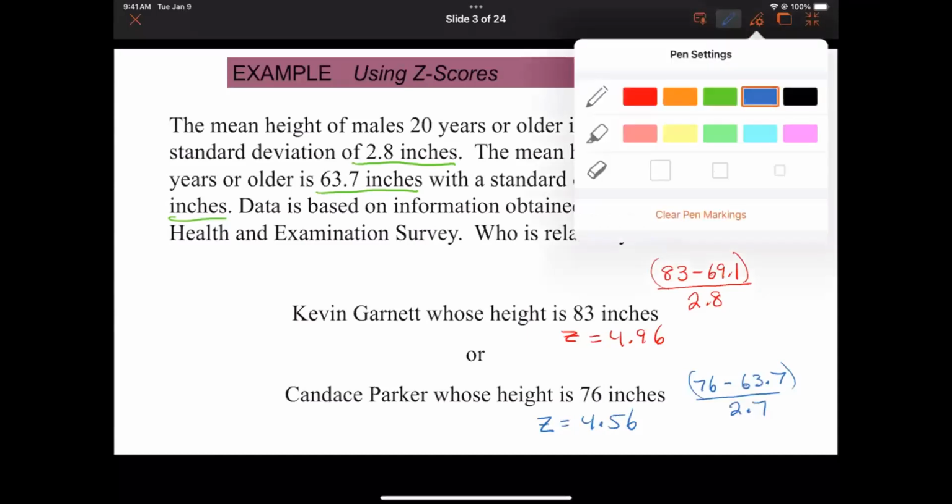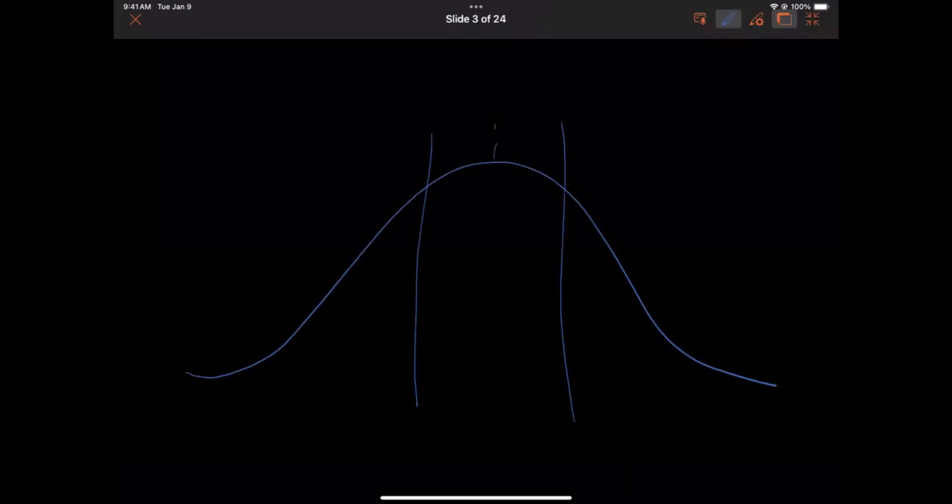Yes. So I'm going to go to the other screen real quick here. If I had, here's my beautiful drawing, so this is the mean. This is 34%, and this is 34%.